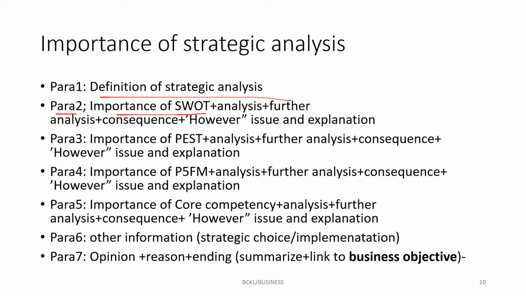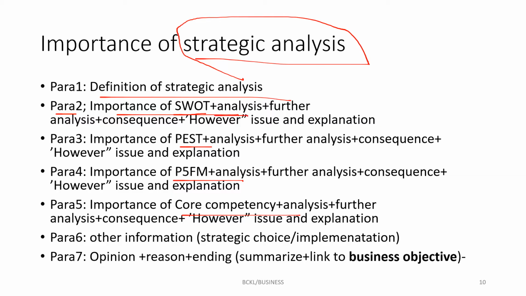So when we are talking about strategic analysis here, now you will be talking about the techniques. Okay, so we have these 4 techniques: SWOT, PEST, Porter's 5 forces model or analysis, and the core competency. So when you are to talk on the strategic analysis, you need to talk about these 4 techniques. So here the importance of SWOT, the analysis, remember, basing on your case study, and then further analysis.